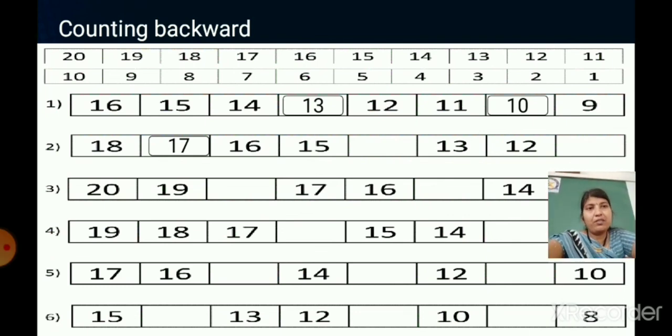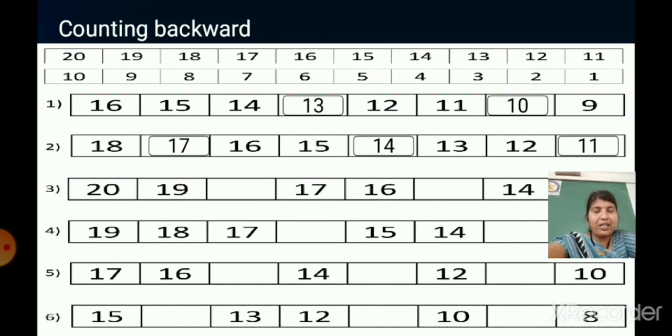It is 14. And what is the before number of 14? 13. Before 13 comes 12. And what comes before 12? You have to find out the missing number here. Yes, 11. You are right. Now write down the 11 there. Very good.